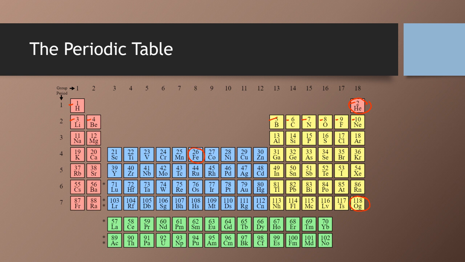A nucleus of arsenic has 33. And any atom that has 26 protons in the nucleus is iron. Any atom that has 2 protons in the nucleus is helium. And so the number of protons is what determines the element. It's what determines its name, essentially.